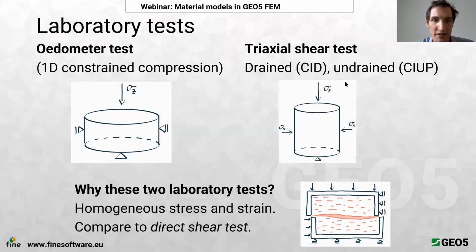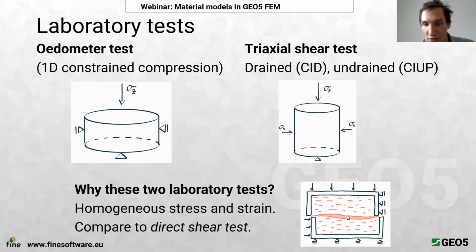The reason why we will model and discuss these two laboratory tests, and not, for example, a direct shear test, which is this one, is because in these two tests, the stress and strain field within the specimen is homogeneous. So you can model or simulate these tests with just one or two finite elements, which is not true for the direct shear test, where a shear band of unknown thickness and unknown width appears.